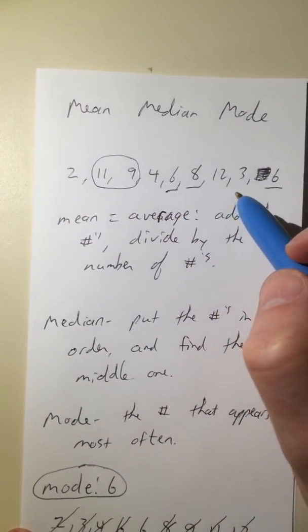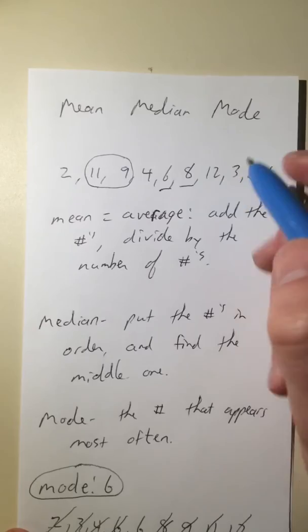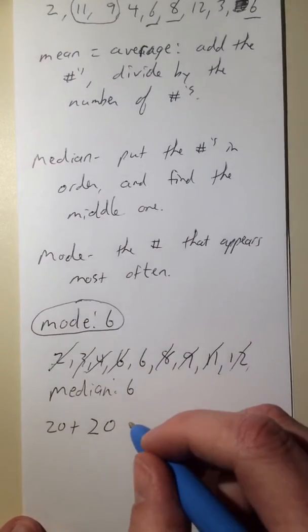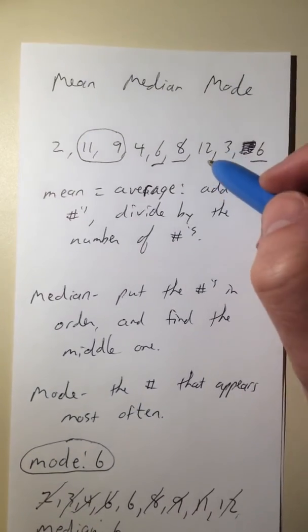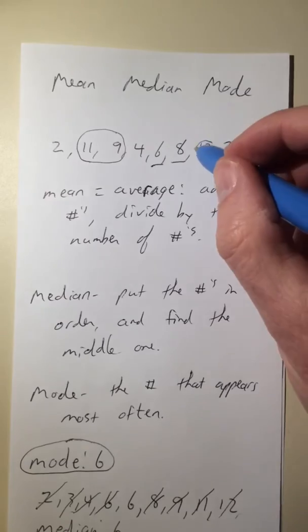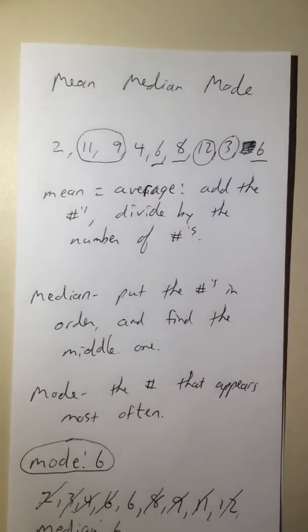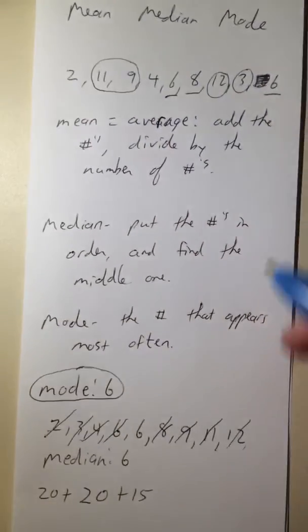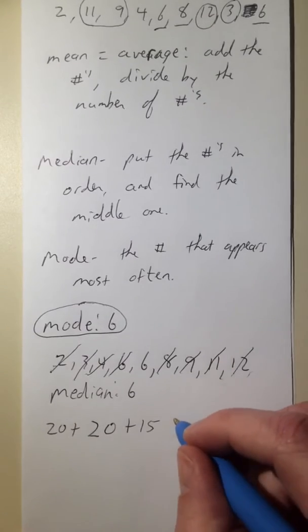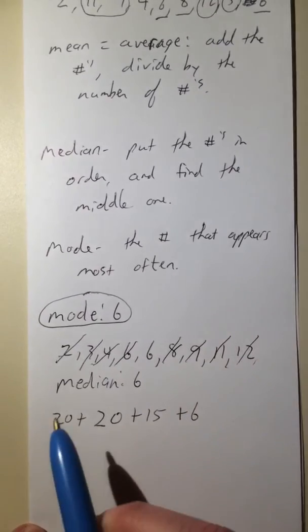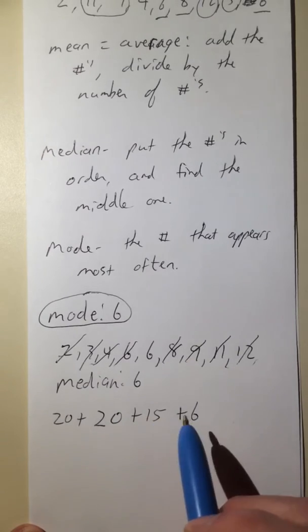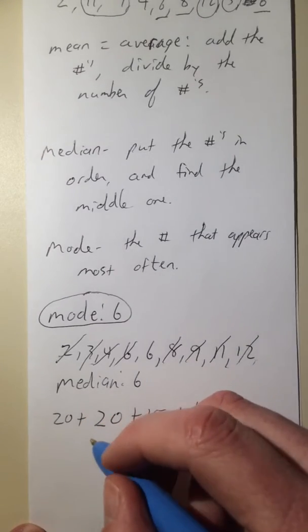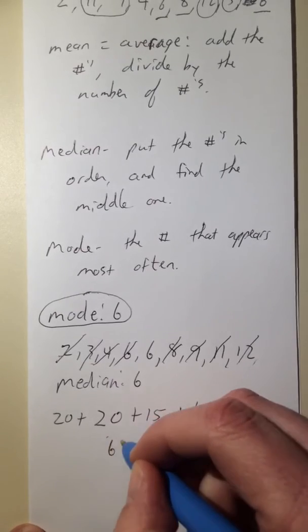And then I got 12 and 3, that's 15. And that takes care of those guys right there. And the only thing that's left is the 4 and the 2, which of course makes 6. And so we add up all those. So 20 and 20 makes 40, and 15 makes 55, and 6 more makes 61. So now we got 61.